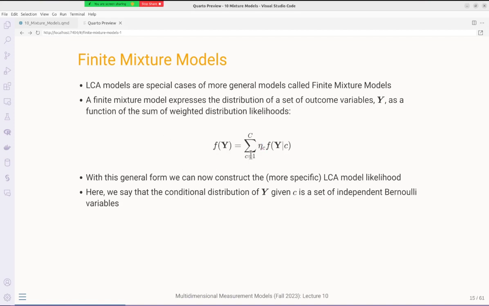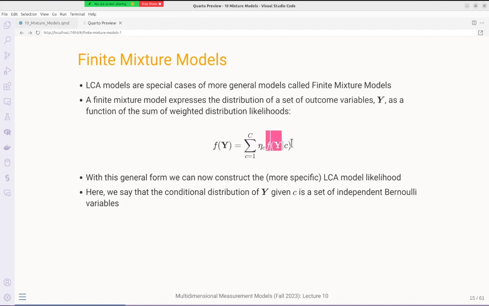So, again, this is where the term mixture comes from, because we have a set of distributions, one for each class, defined by this function in pink right here. But to get to a person's observed data, we have to weight each chance that they're in each class by the base rate probability, the proportion of people in each class. And so this is our general latent class or finite mixture model likelihood.